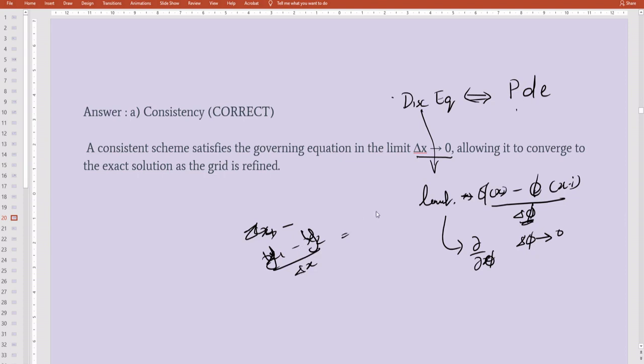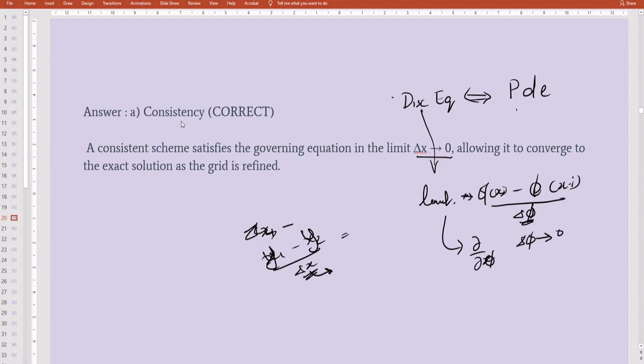These kinds of things will only change to our differential equation when this delta x tends to 0 or becomes 0. Such a condition is the basics of a differential equation and partial differential equation. So here the intent is that they are indirectly asking about that particular thing.